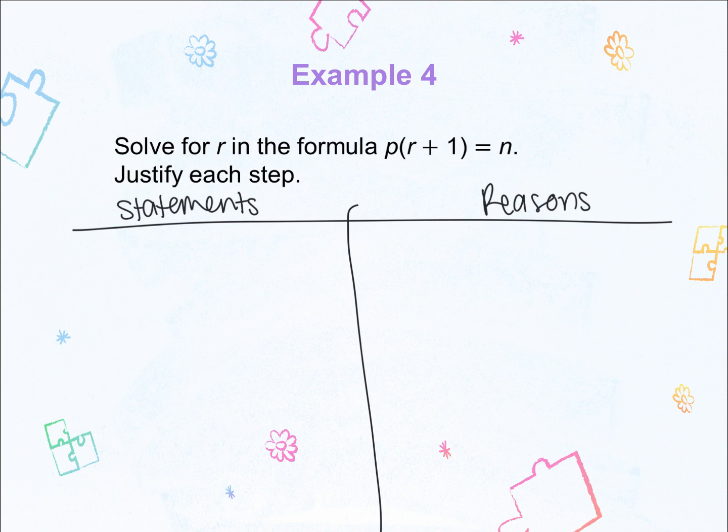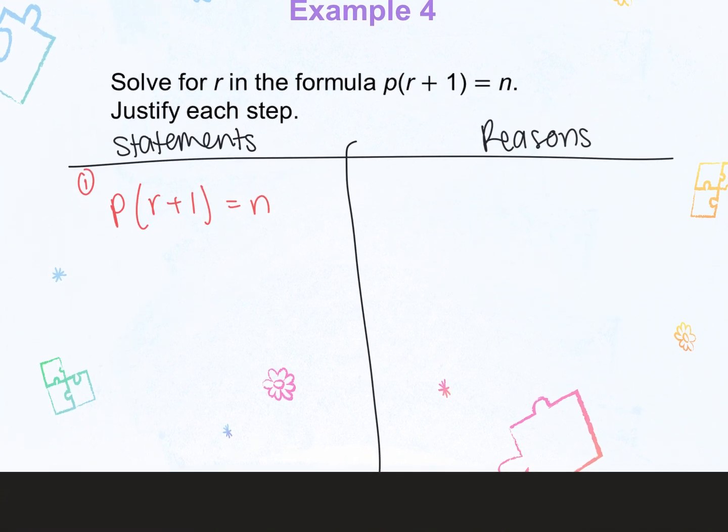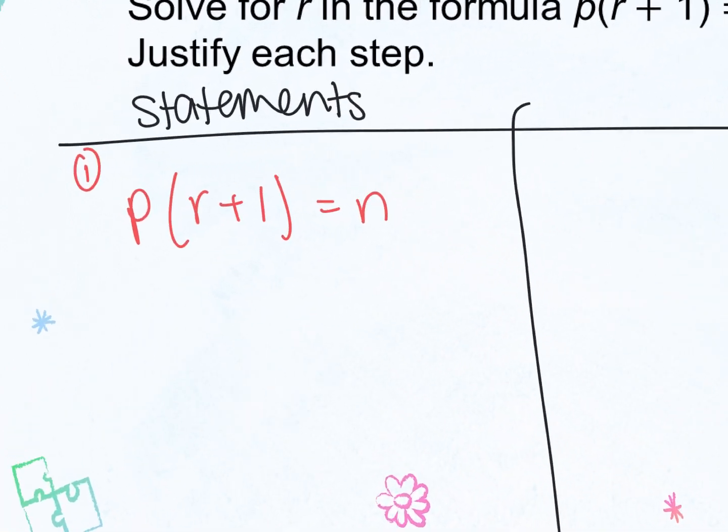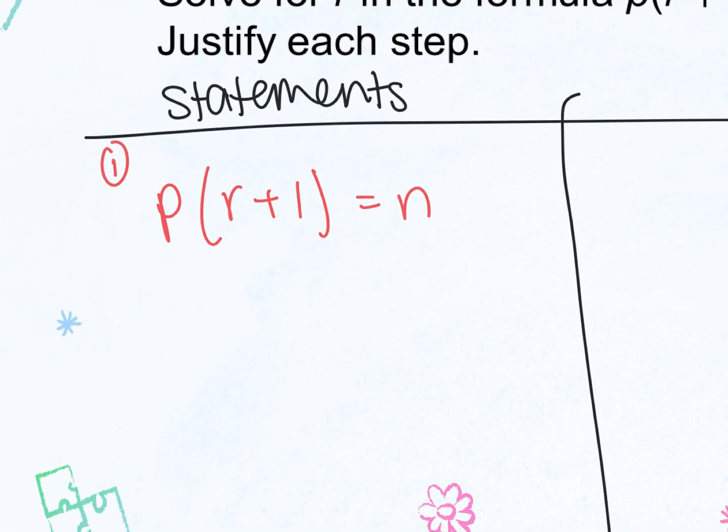All right, so first thing for this one, we're just going to go ahead and rewrite what they're giving us. So I have my P times R plus 1 equals N. How about let's just solve it first and then plug our reasons in. Okay, so looking at number 1, what should I do next? I'm going to go ahead and distribute.